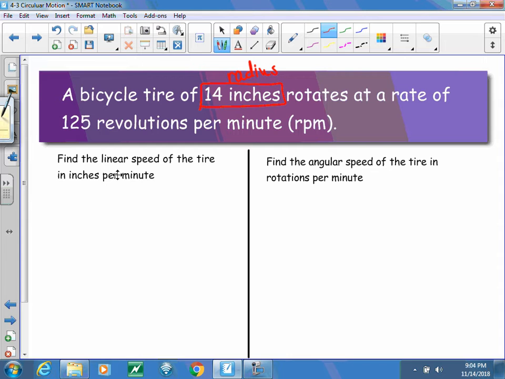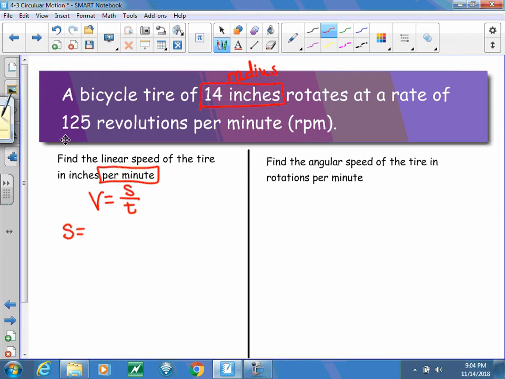So, to find the linear speed, we have to find the arc length and divide that by the amount of time. Here we're trying to find the linear speed of the tire in inches per minute, so let's find out what our arc length is going to be.